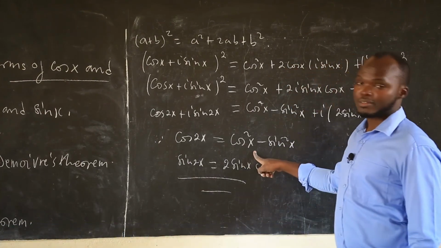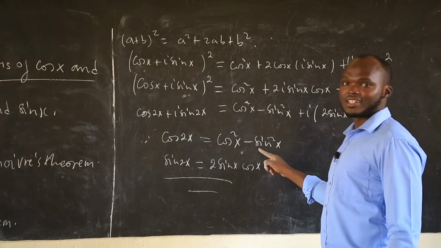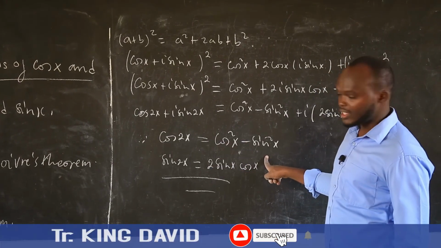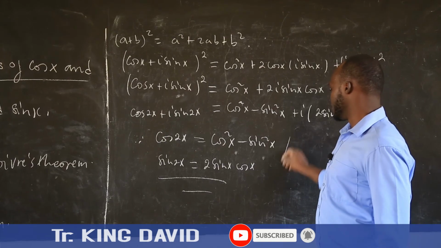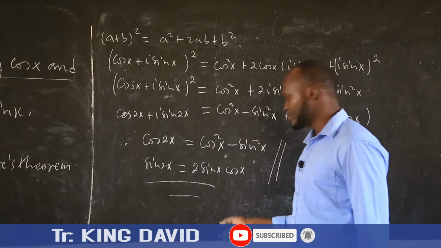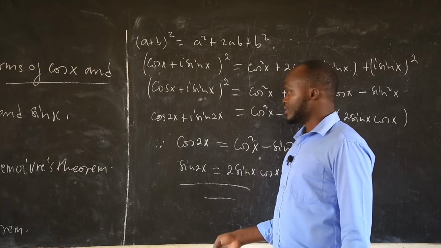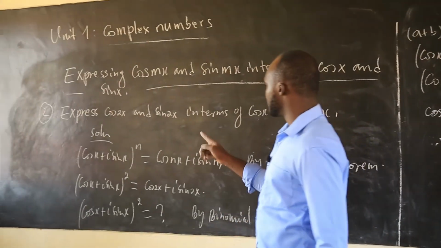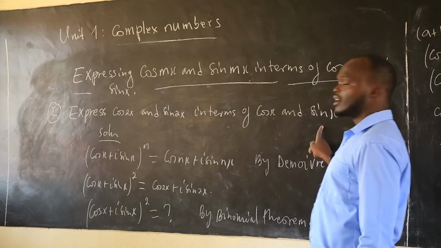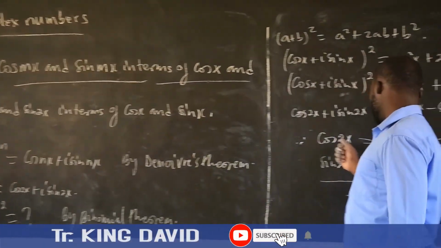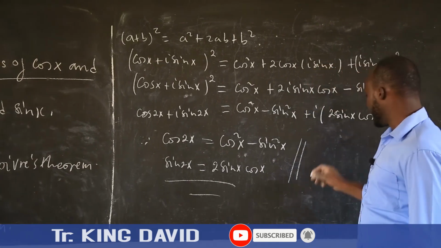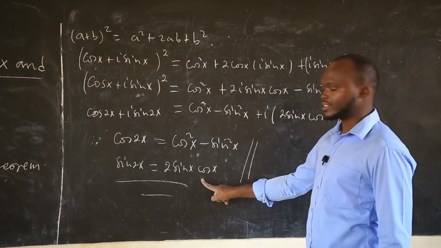We can express cos 2x in terms of sin x only, or in terms of cos x only, or you can stop from here, according to the question. The question says express cos 2x and sin 2x in terms of cos x and sin x.